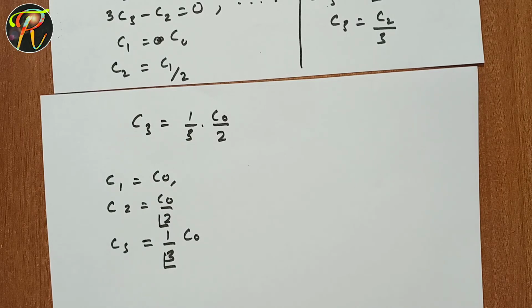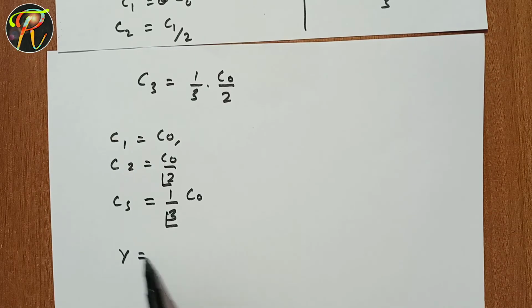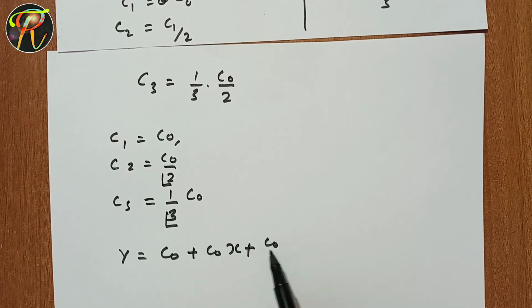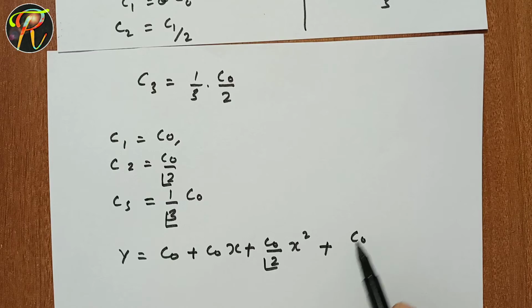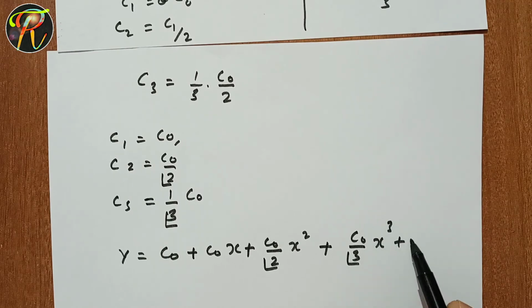So what is the solution? y is equal to c0 plus c1x, which is c0x, plus c2, which is c0 upon factorial 2, x square plus c3, which is c0 upon factorial 3, x cube plus up to so on.